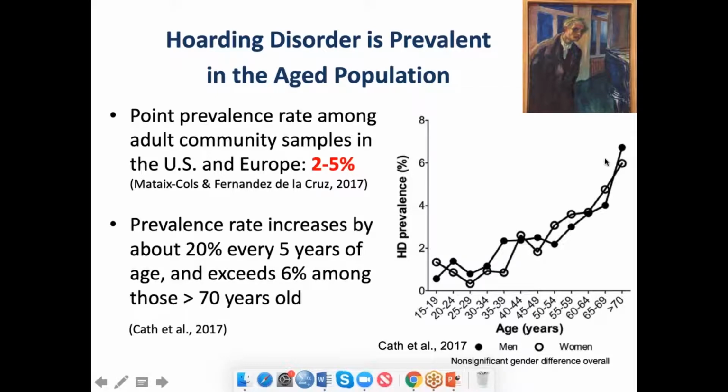However, as people get older, the prevalence rate of hoarding becomes so much higher among people who are 65 years old or older, or those who are approaching 70. The prevalence rate of hoarding disorder is almost 6%. So if I do my math right, that means if you line up 12 or 13 people who are 70 years old or older, one of them has hoarding disorder.